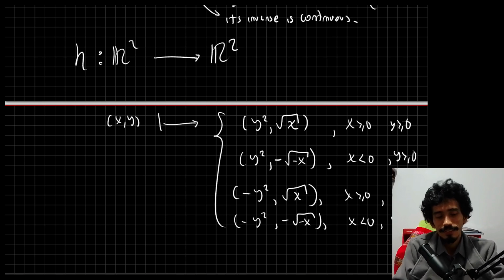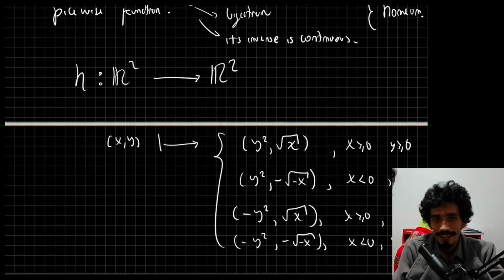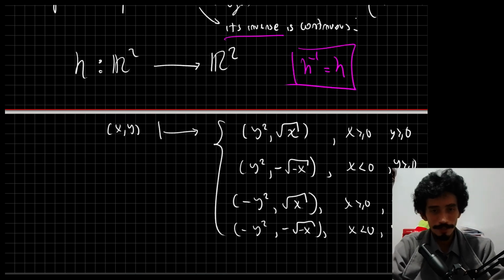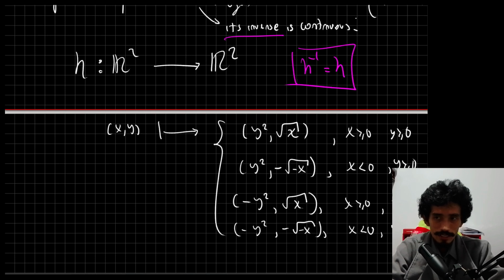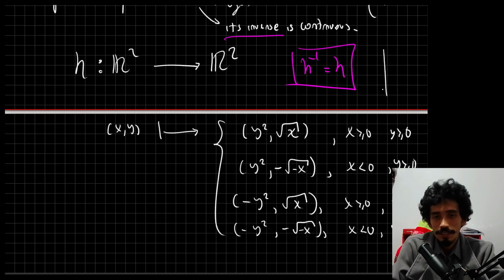So you can check, I leave that to you, that this function is continuous, that it's also a bijection, and the nice thing is that its inverse is also H, which is kind of interesting. And this happens when an operation is its own inverse. For one variable, you have that the function minus 1 is equal to minus as a function.